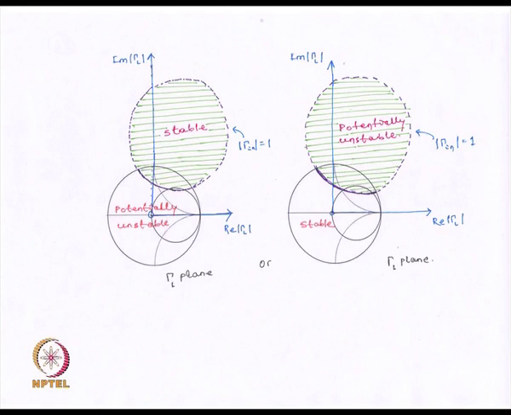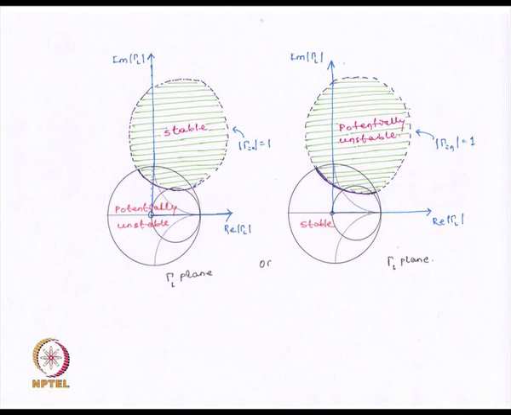Now, which one of these? Is it the outside of this circle or the inside? Which is the stable and which is the unstable region? To find out, we need to look at this figure.